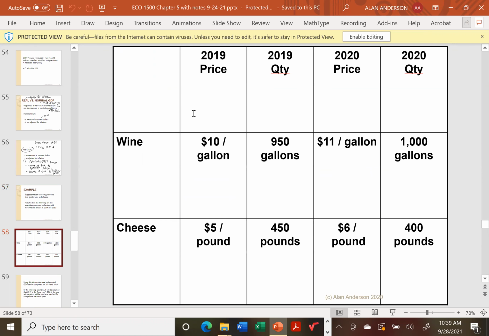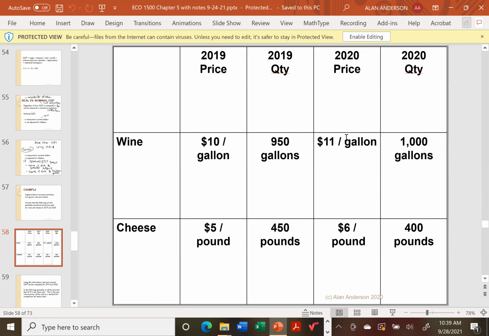So for example, in 2019, the country made 950 gallons of wine that were worth $10 a gallon. In the same year, they made 450 pounds of cheese, worth $5 each. Then the following year, you'll notice wine production went up from 950 to 1,000.